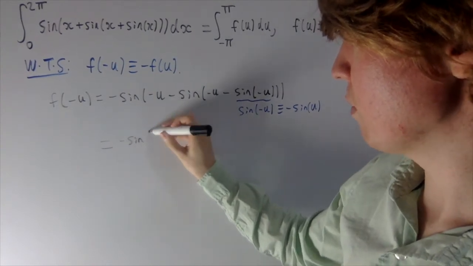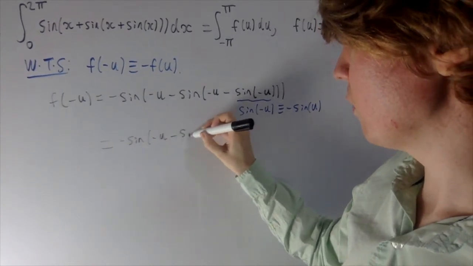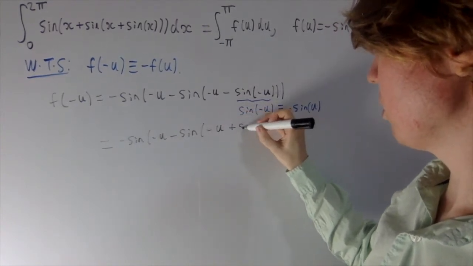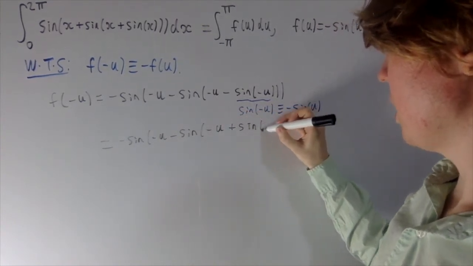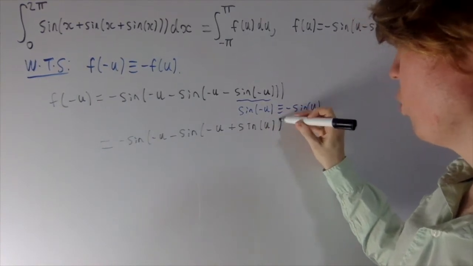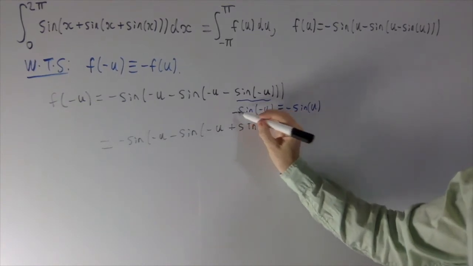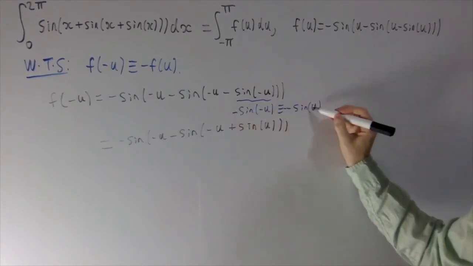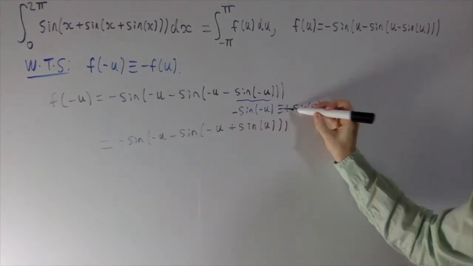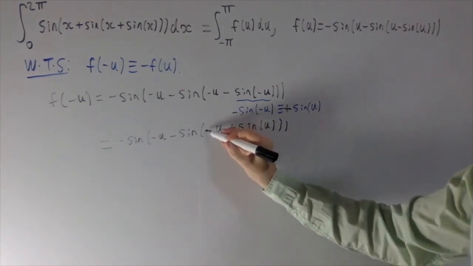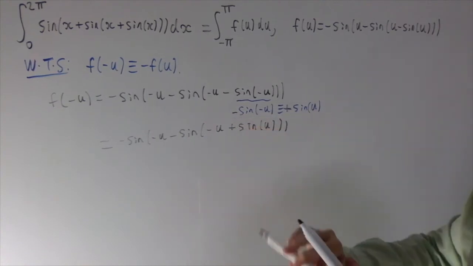If I leave most of this alone and just deal with the innermost sine, I get minus u, and now this is going to be plus sine of u. So we've got a minus sine of minus u, which is equal to minus minus sine of u, so plus sine of u. Then let's do the same thing here. We've got a minus sign here, we've got a plus.